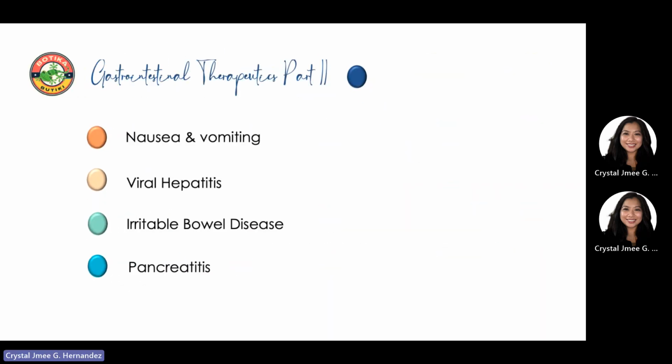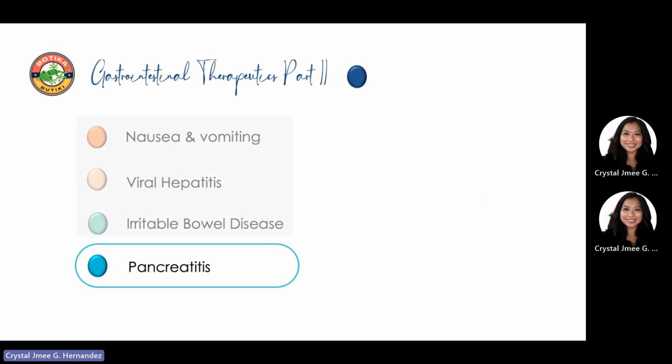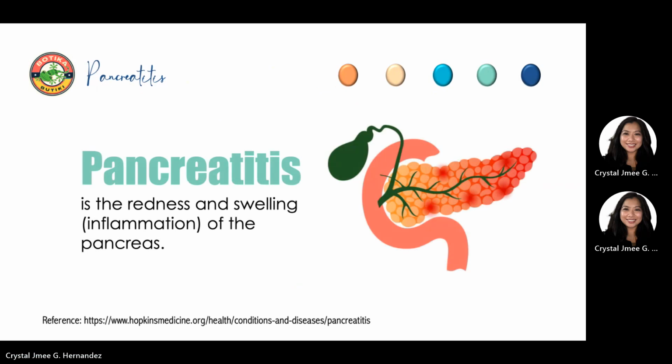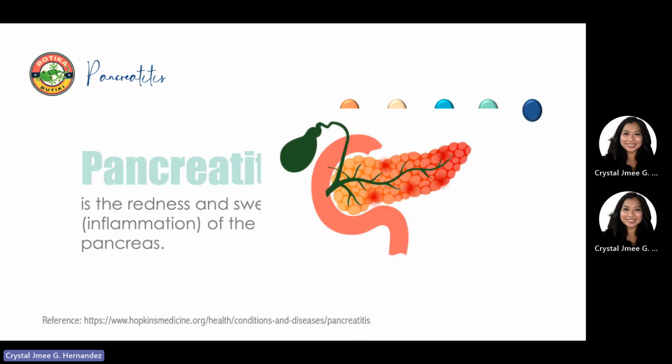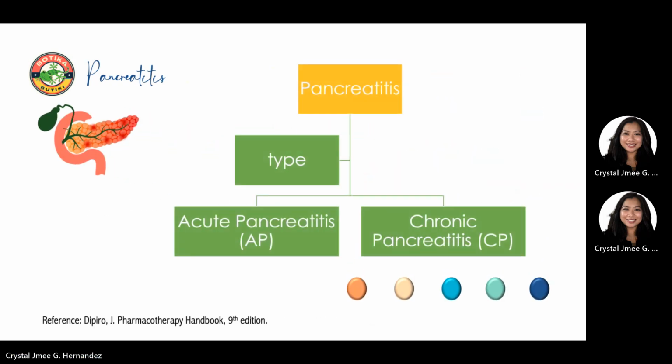So we are going to focus on the discussion on pancreatitis. Pancreatitis is defined as the redness and swelling or inflammation of the pancreas. It has two types: acute pancreatitis or AP, and chronic pancreatitis or CP.